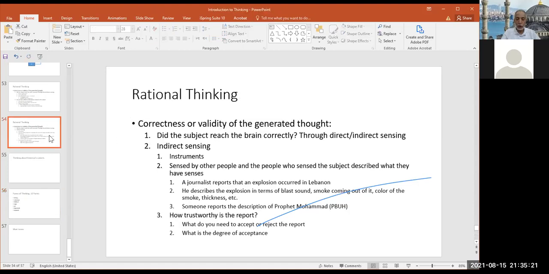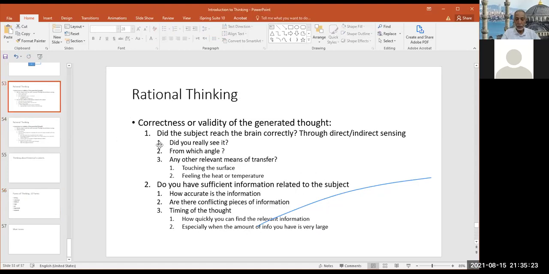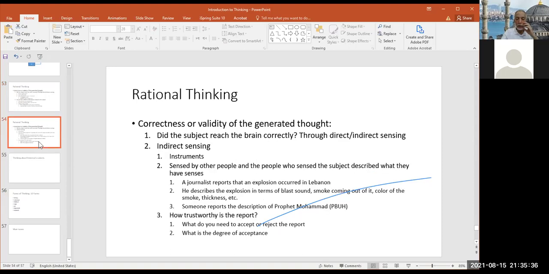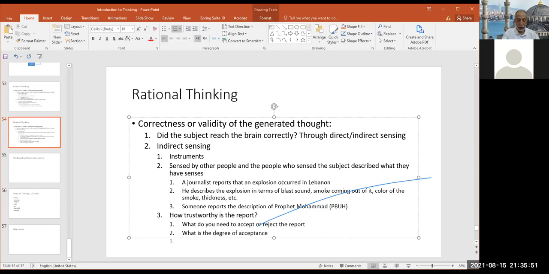So if I will go back to the issue of validation, how accurate is the information that we're talking about here? How trustworthy is the report? What do you need to accept or reject? Which is the validation process.